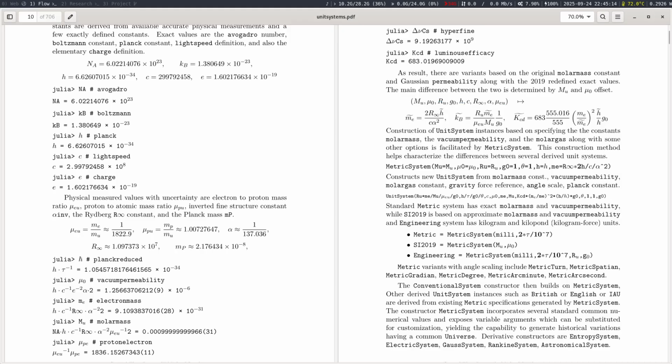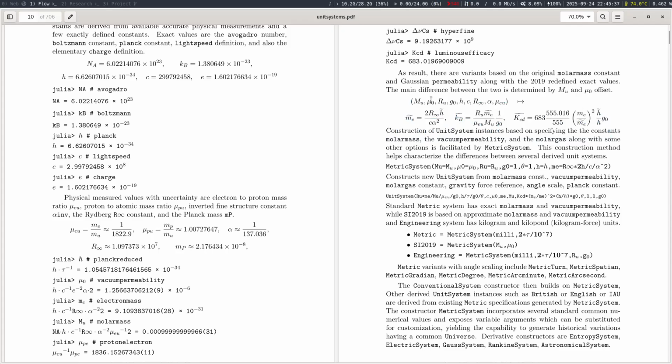Construction of the unit system instances is based on, and this is actually my own procedure here, my own custom procedure I arrived at. You take these ingredients and produce these constants from that.